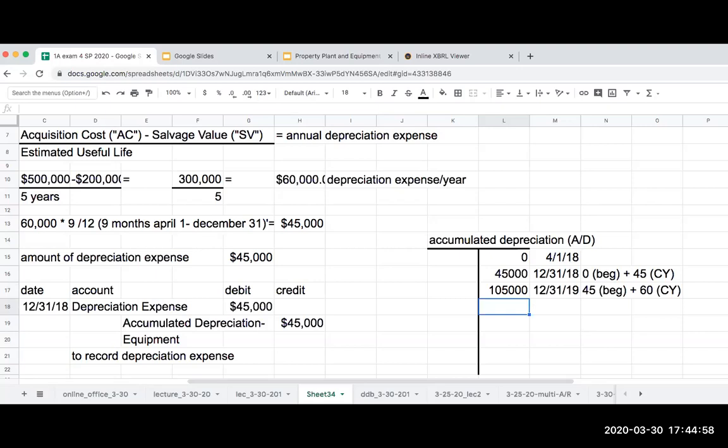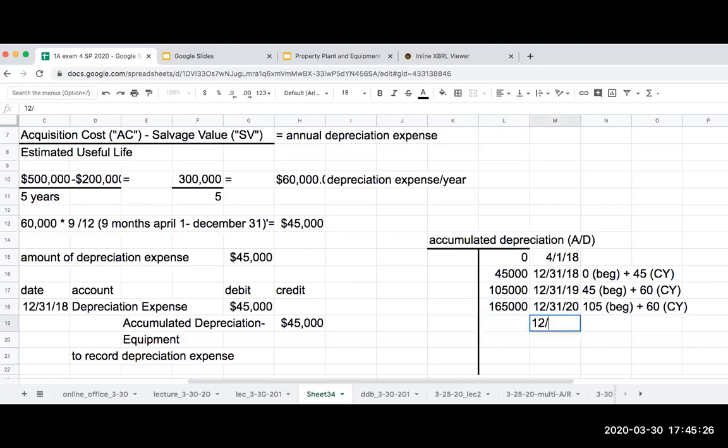So this is going to be the amount of my accumulated depreciation as of December 31st, 2019. For December 31st, 2020, my beginning balance was the ending of the prior year. So this here is going to be $105,000 beginning plus $60,000 in the current year, for a total of $165,000.